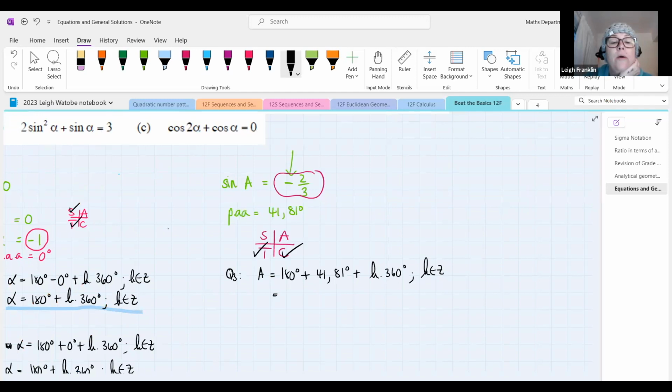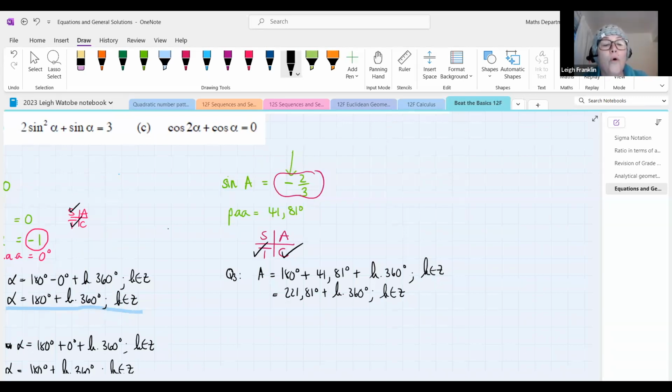Which would give us 221,81 plus k times 360. That would be for quadrant 3.